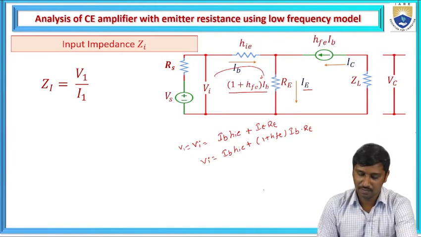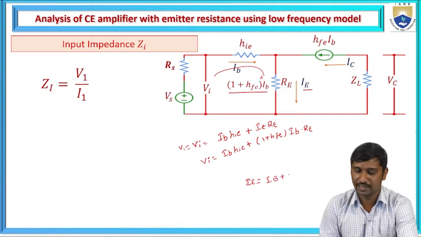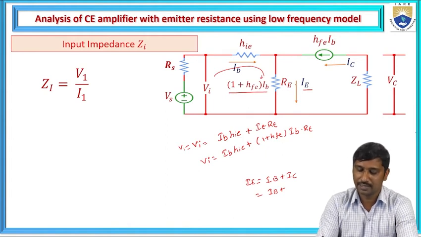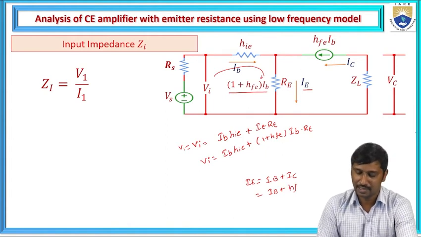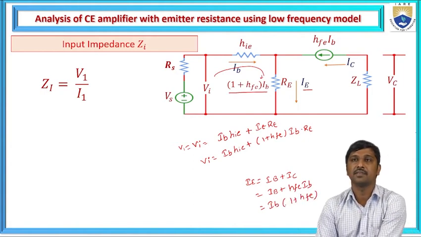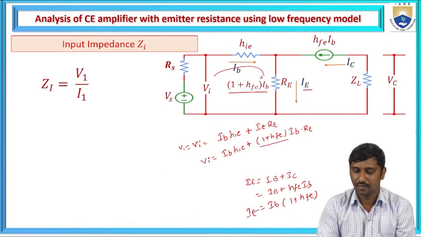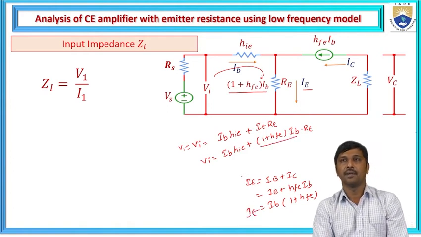Why? Because we know that IE is represented as the summation of base current and collector current. So IB is IB, and from this circuit, if you observe, the collector current is represented as HFE times IB. If IB is taken common, that is 1 plus HFE times IB, which is equal to IE. Hence, IE is written as 1 plus HFE times IB.